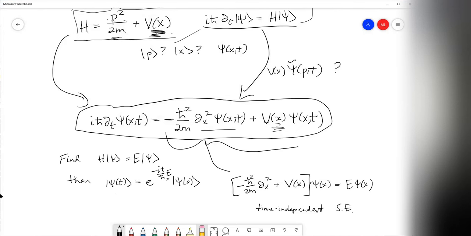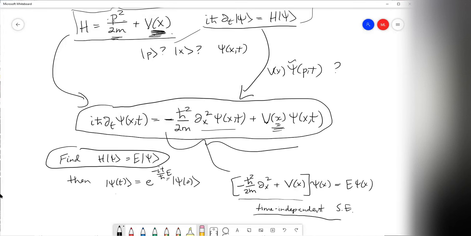It's an important one because even if you wanted the full time dependent solution, the best way to start is to find something that gives you a nice basis and is an eigenstate of your energy operator. That's what you want to do. So this is where you would start, by finding the eigenstates of your energy operator in this functional language, which means solving a differential equation.